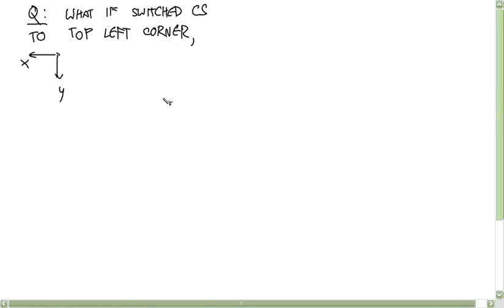So now our problem looks like this. We have our coordinate system here. We still have our force here of 50,000, and we're still calculating this moment about the same point A, okay?